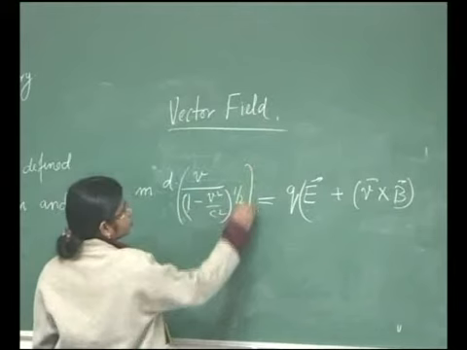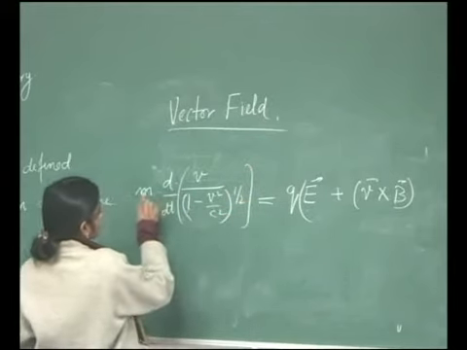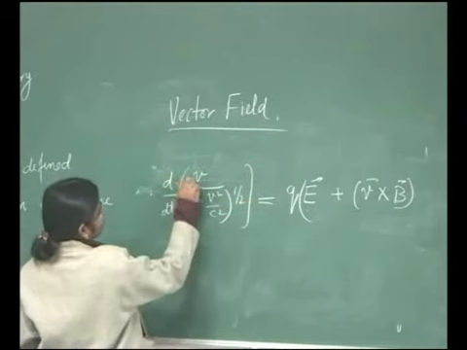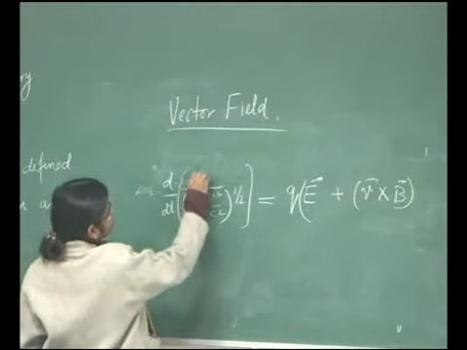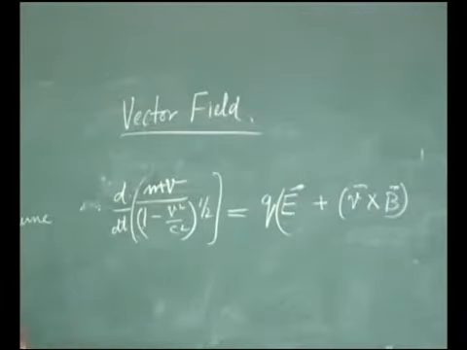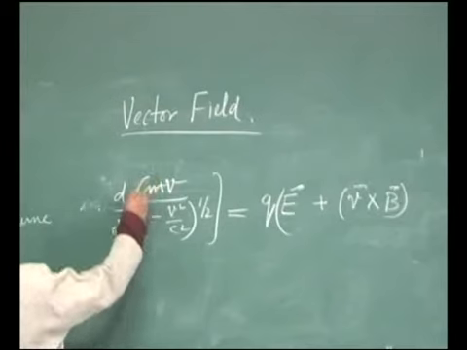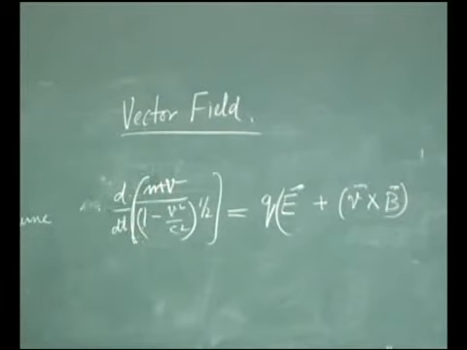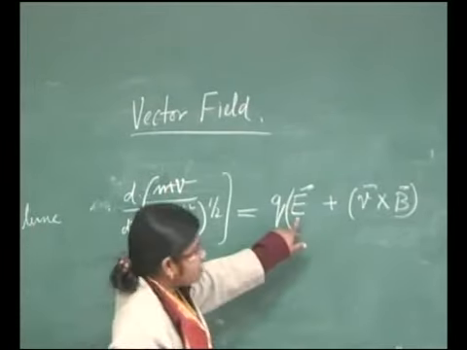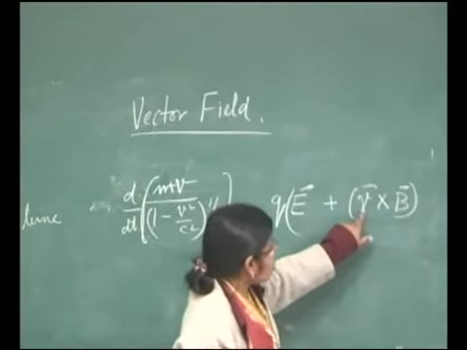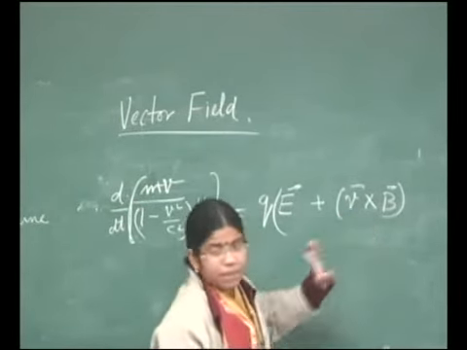So I have this defining equation, which we call the Lorentz force. This is the electrical component, this is the velocity of the charge, and this is the magnetic field.